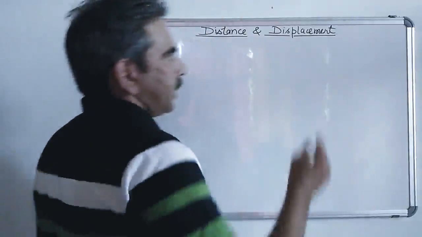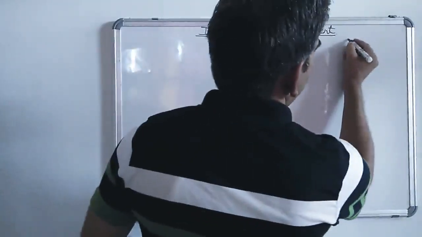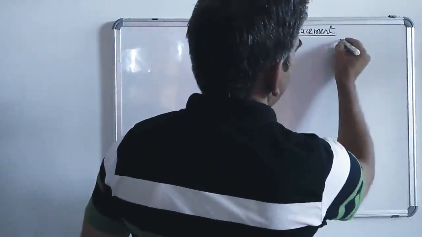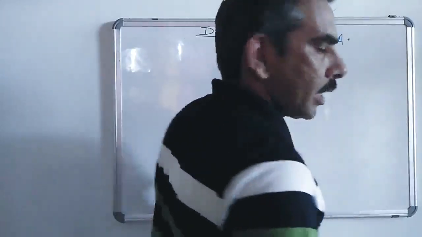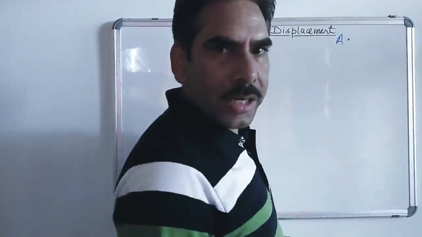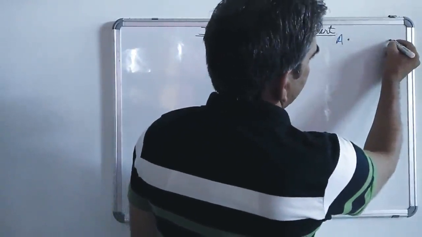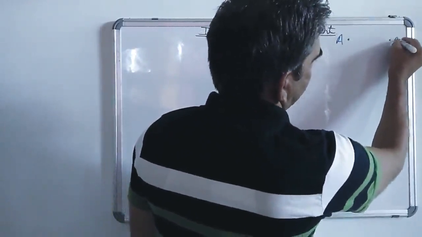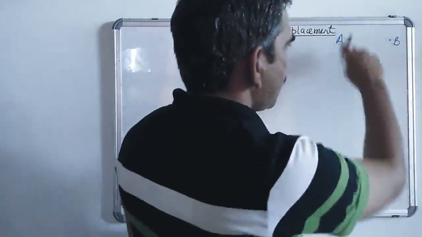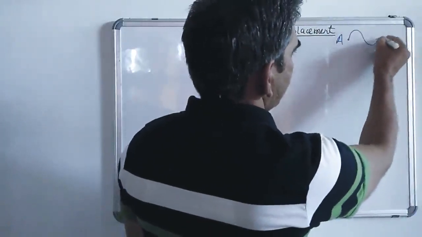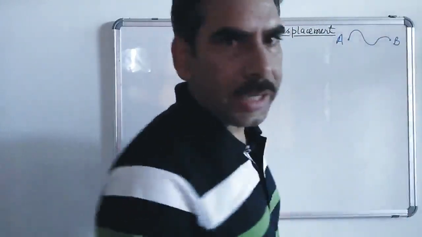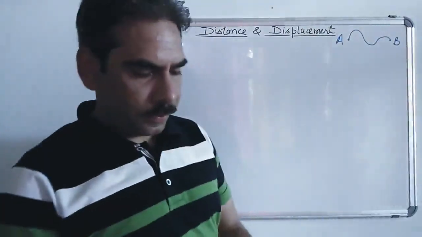Let us take a simple example of an object. For example, it is at position A. This object starts its journey from position A and completes its journey at position B, and the journey may take place through any path.